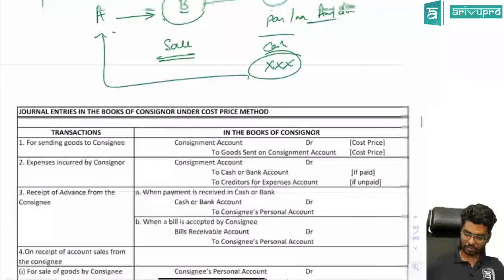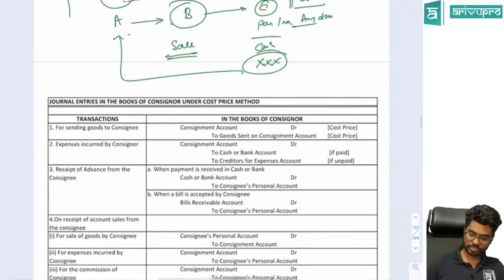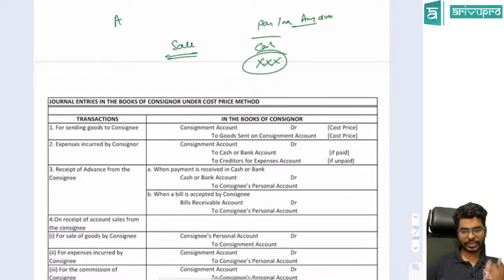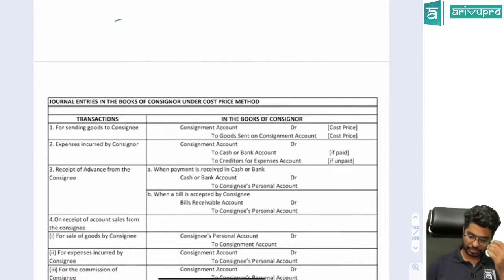Got it? Now let's try understanding how the journal entries work, and like I told you, let's try understanding in the books of the consignor. We'll then come to the consignee.